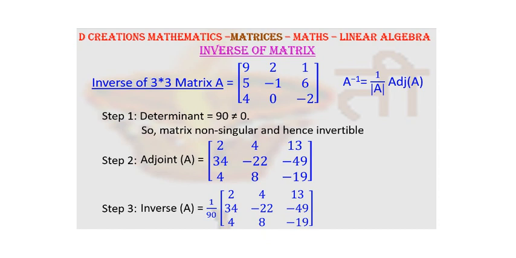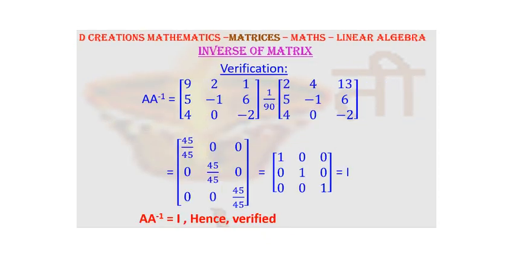Now the task ends here, but for your sake, what I am going to do is I am just going to ask you to verify. So we know that if A inverse is the inverse for the matrix A, product of A into A inverse should be an identity matrix. And here, since we are dealing with order 3 matrices, it should be identity matrix of order 3.